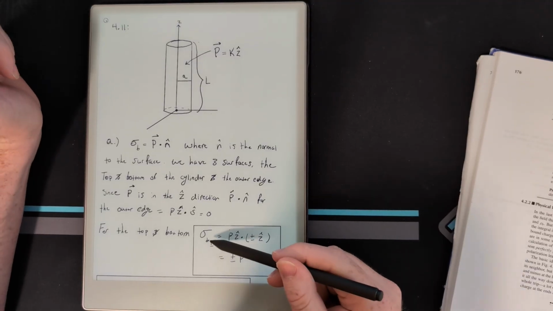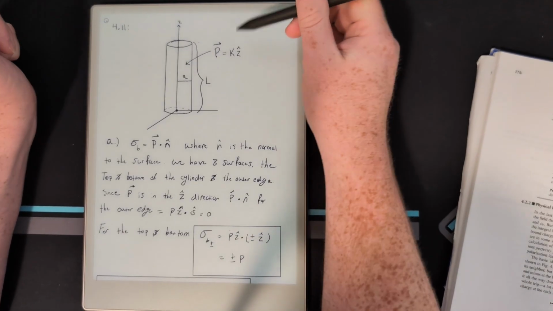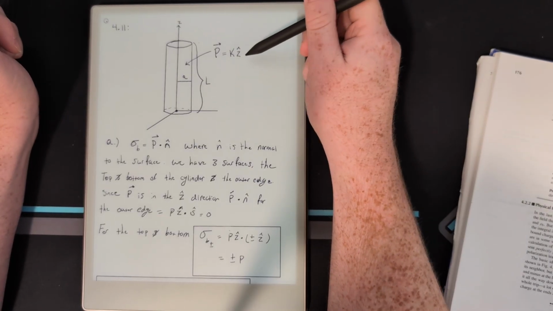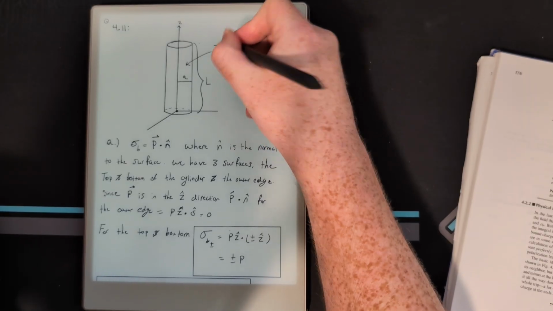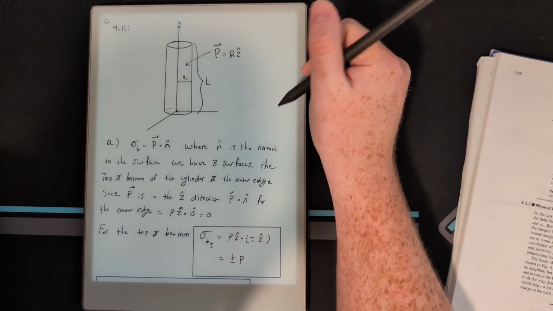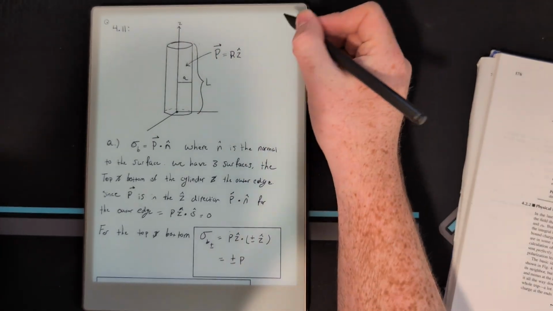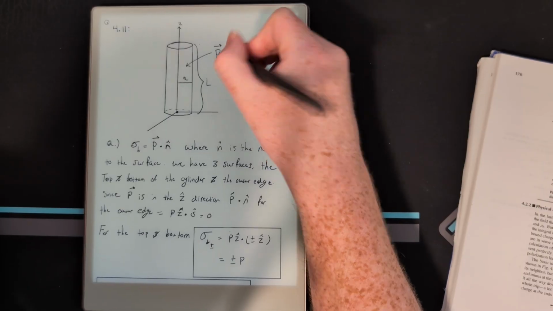I just wrote this as a sigma b plus minus because it's going to be P z hat. I'm rewriting this as P because I use that as the constant value instead of k.